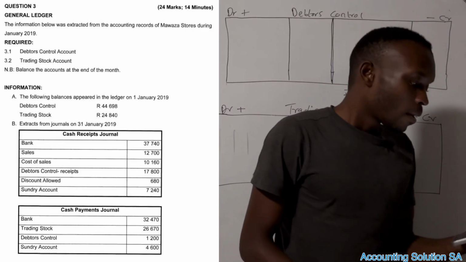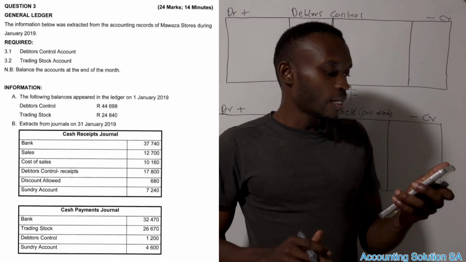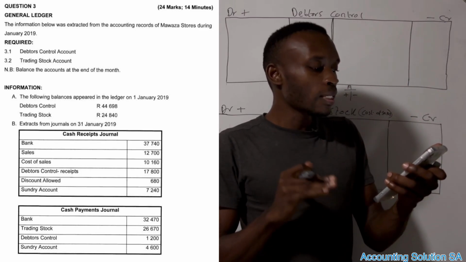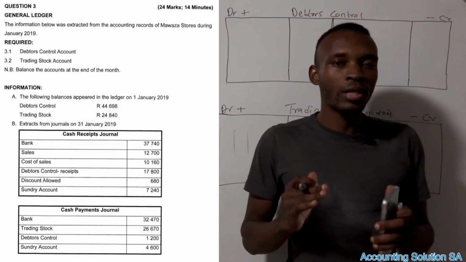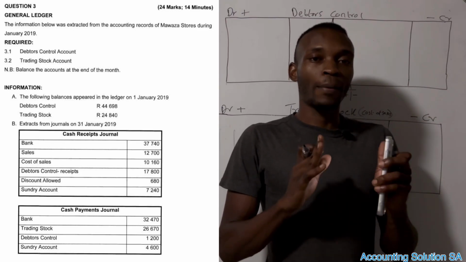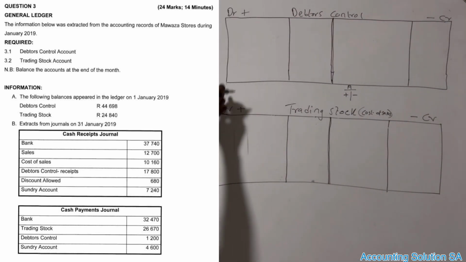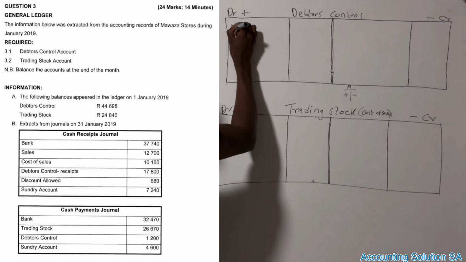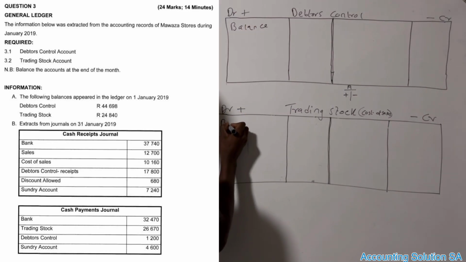Okay, number A, guys, is 2 marks. They say that the following balances appear in the ledger accounts. Guys, for any ledger account that you are doing, the opening balance goes where there is a plus sign. If you check these two, the plus signs are both on the debit, which means that we're going to have the balance here and the balance here.